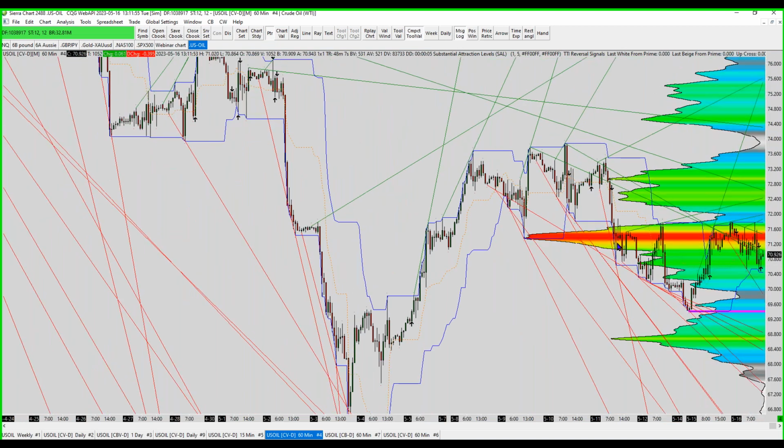Why do you think the price of the oil rejected from here, and again from here, and again from here? What does this tell you? If you don't have volume profile with this, you wouldn't really know why. But once you have volume profile, initially it started with this look.